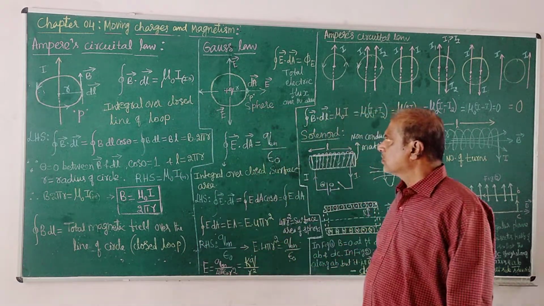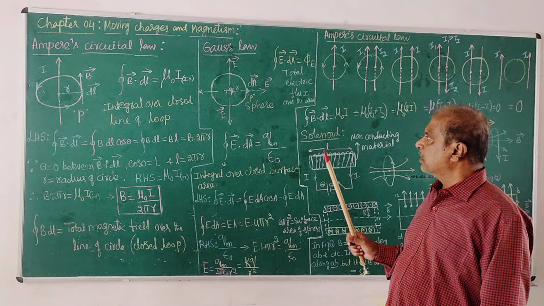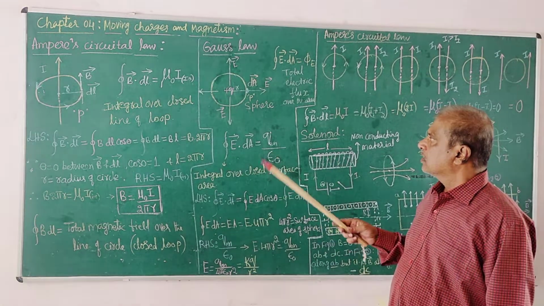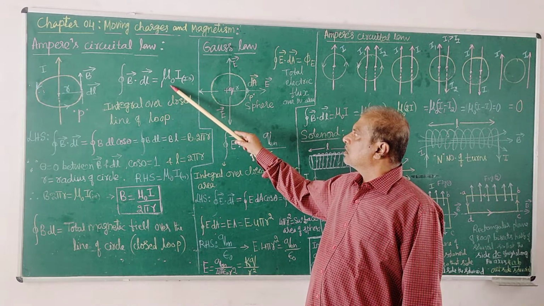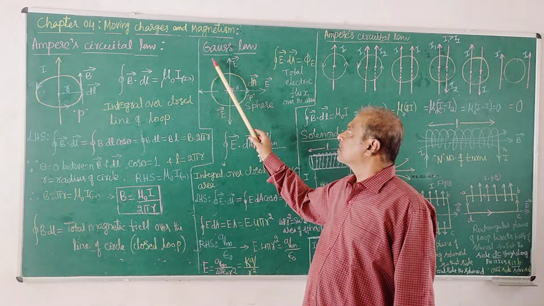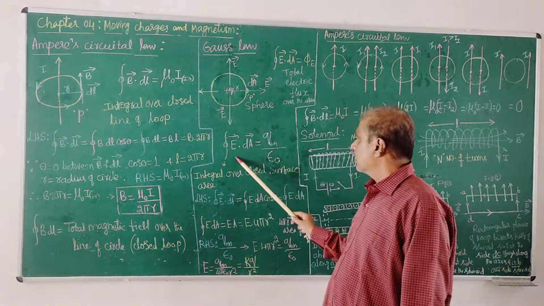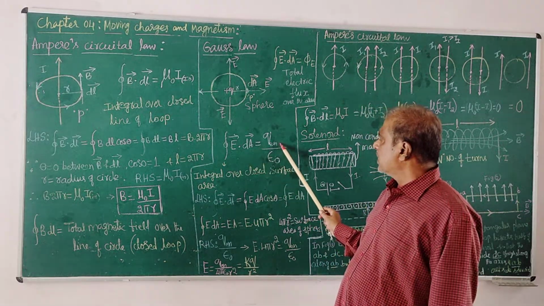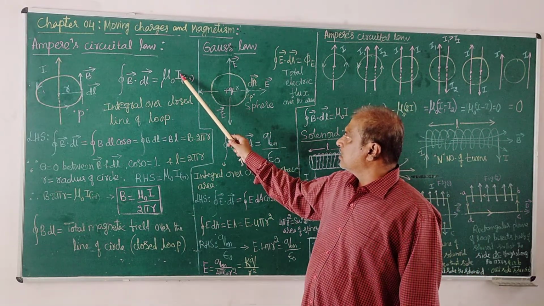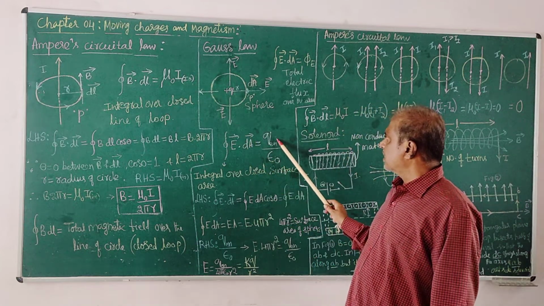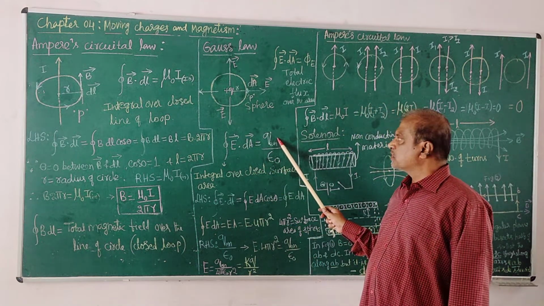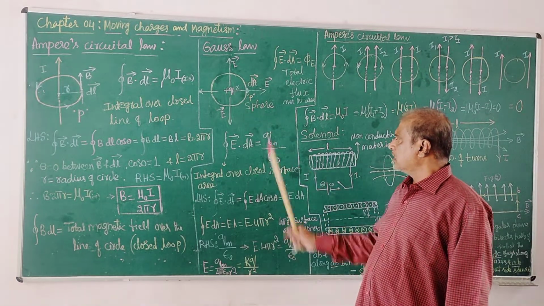So these are the similarities. Ampere's circuital law is thus analogous to Gauss's law this way. On one side it depends on the current through the conductor, and on the other it depends on the amount of charge in the system.